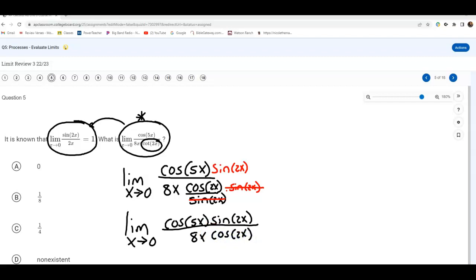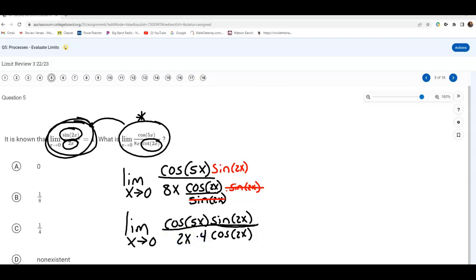All right, so remember my goal here was I wanted to somehow get this. Well, as you can see on the top, I want a sine 2x, and now I've got that on the top. And on the bottom, I want a 2x. So that can be achieved pretty easily here. If I can just rewrite the 8x, I can make that a 2x times 4. Isn't that the same thing?